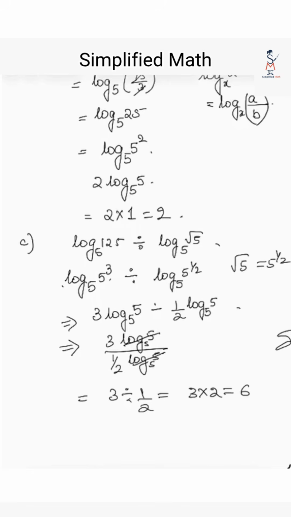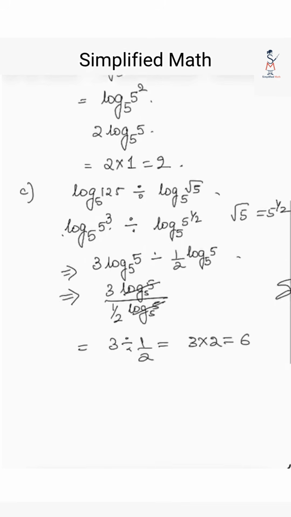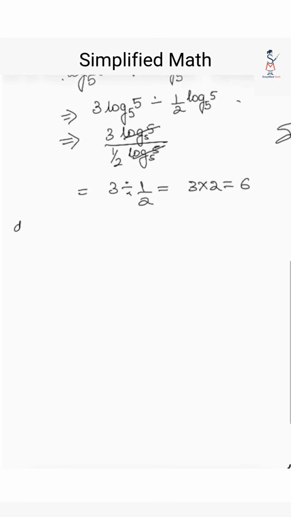Fine. Now we will see the D1. What is the D1 saying? The D1 is saying find the value of root x to the power 4 log a to the base x. Okay, we'll use the exponential rules here.